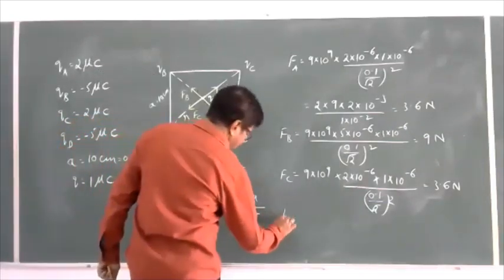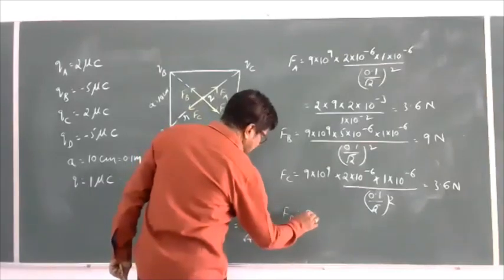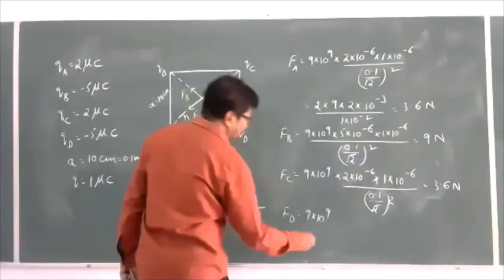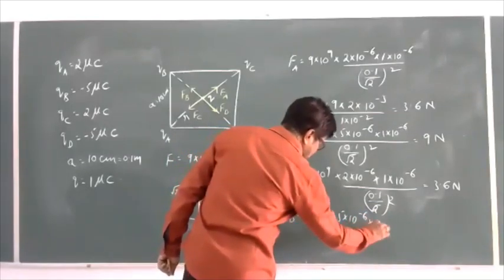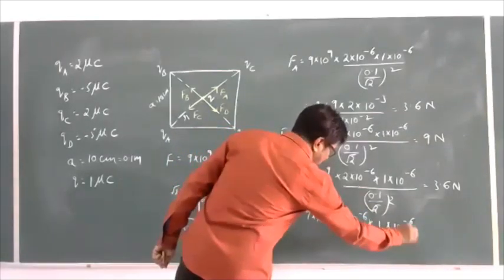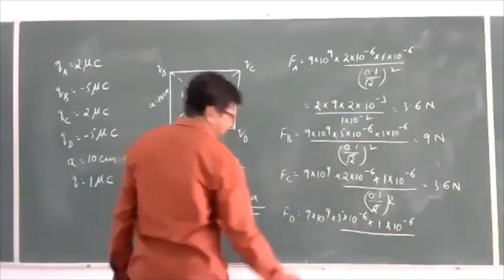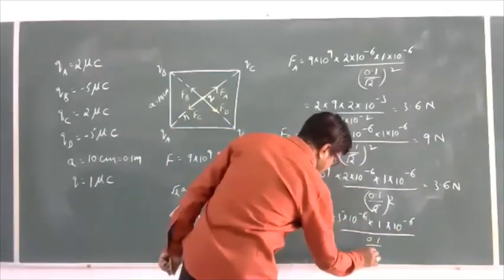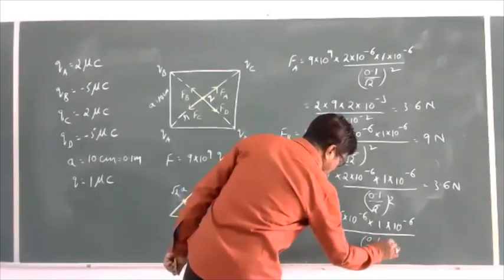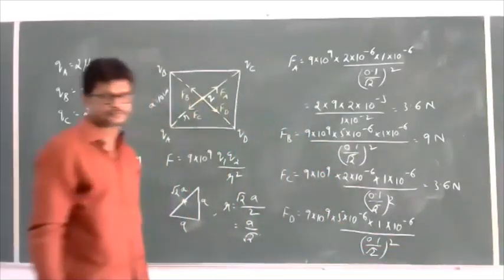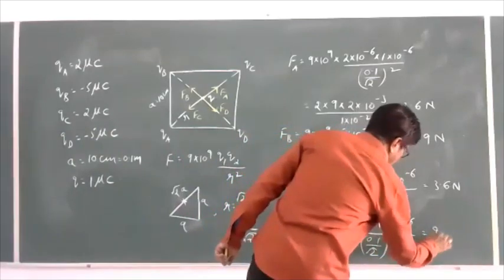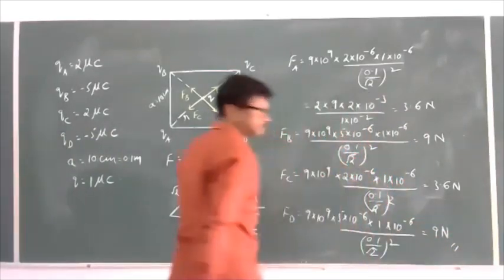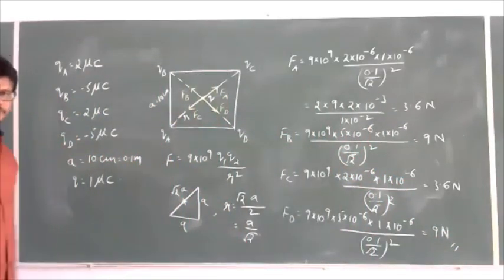Again, FD is equal to 9 into 10 to the power of 9, into 5 into 10 to the power of minus 6, into 1 into 10 to the power of minus 6, divided by (0.1 by root 2) whole square, which is equal to 9 Newton.